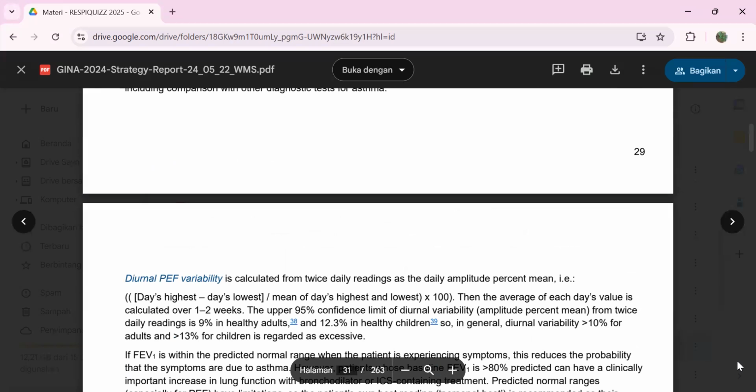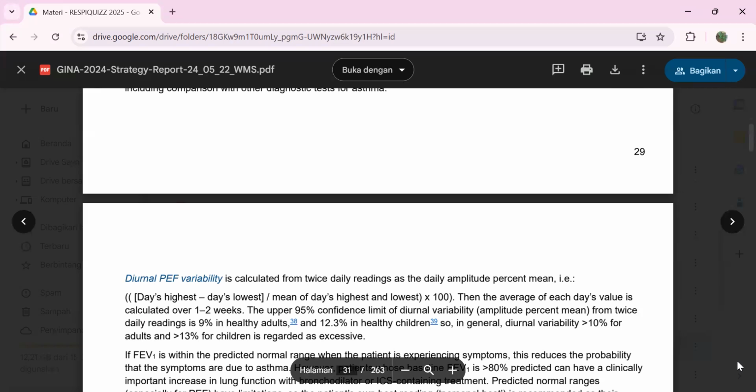Diurnal PEF variability is calculated from twice daily readings as the daily amplitude percent mean: the day's highest minus the day's lowest, divided by the mean of the day's highest and lowest, multiplied by 100. Then the average of each day's value is calculated over 1 to 2 weeks.